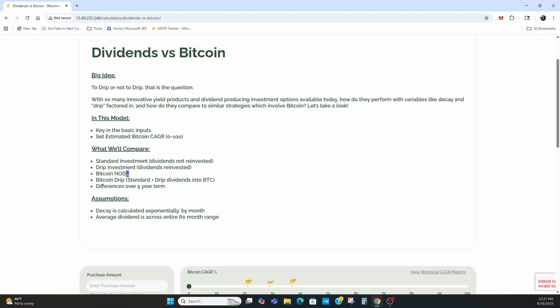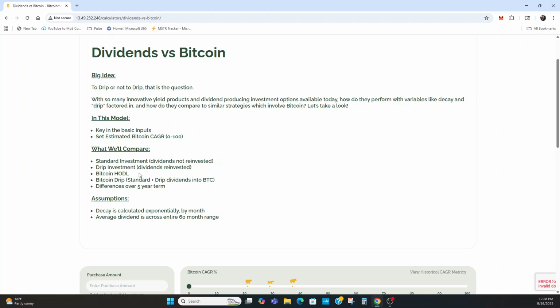The next one's going to be Bitcoin HODL. What if we just took our starting investment amount, and instead of buying MSTY, what if we just bought Bitcoin and held it for the specified term? And then fourth and final is Bitcoin drip.